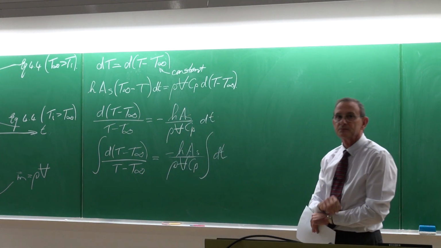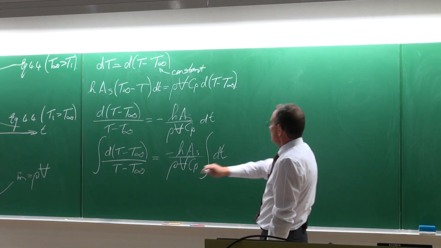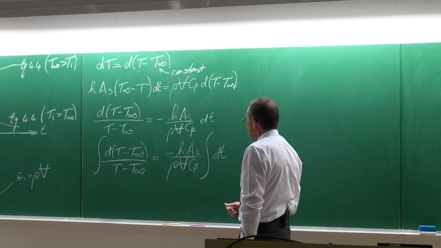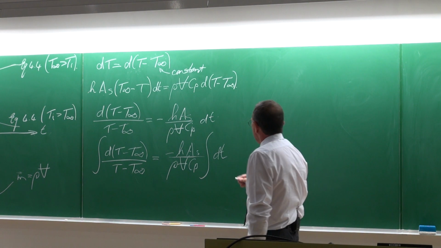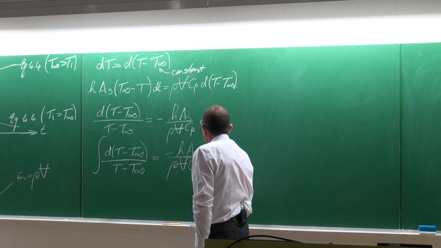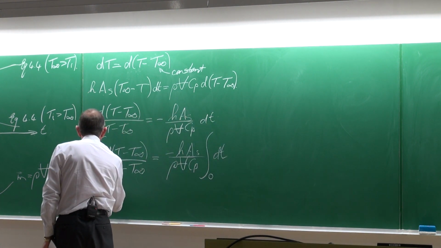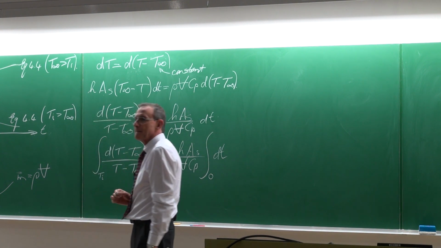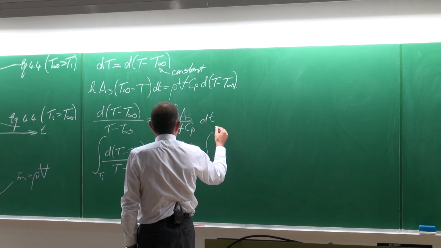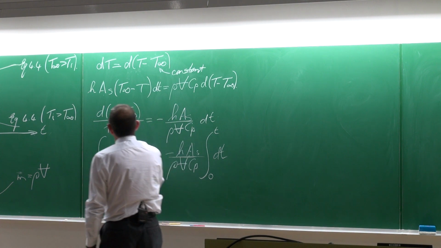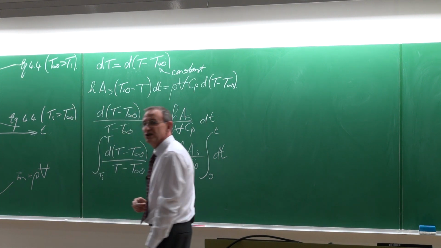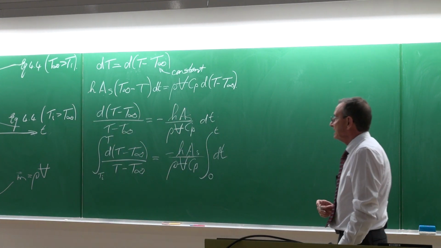So we assume that all of this stays constant. It's not a bad assumption. And when time is equal to 0, then that temperature is Ti. And when the time is equal to t, then that temperature is equal to capital T.